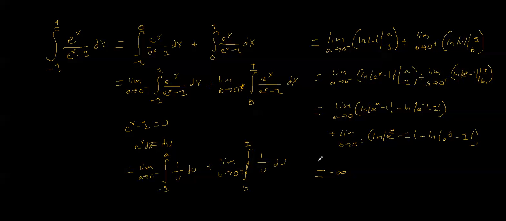So we have negative infinity minus the natural log of e to the negative 1 minus 1, plus the ln of e to the 1 minus 1, minus negative infinity. Because we have infinities in our solution, this integral does not converge, it diverges, and we cannot find the area.